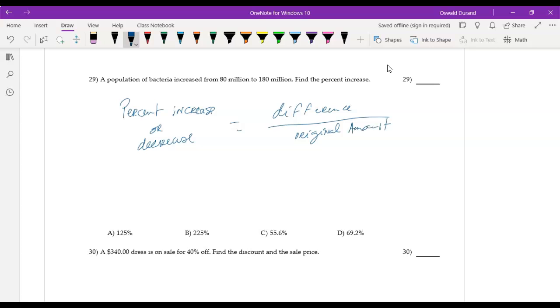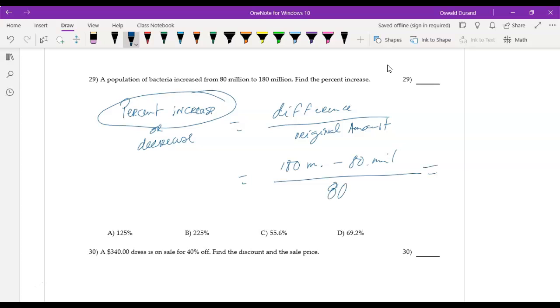So that's it. So in this case, the percent increase will be 180 million, right? Minus 80 million. That's how you calculate the difference. But the original population of that bacteria, in this case, was 80 million. Okay, so you divide by 80 million.